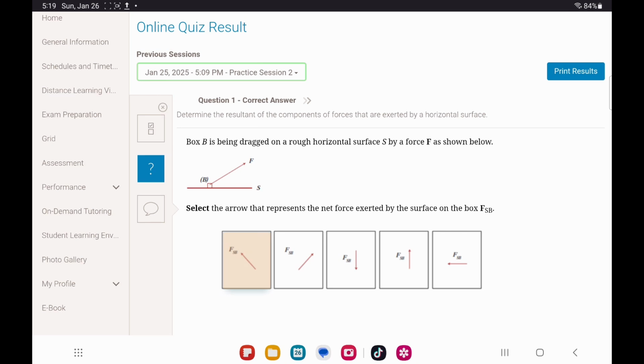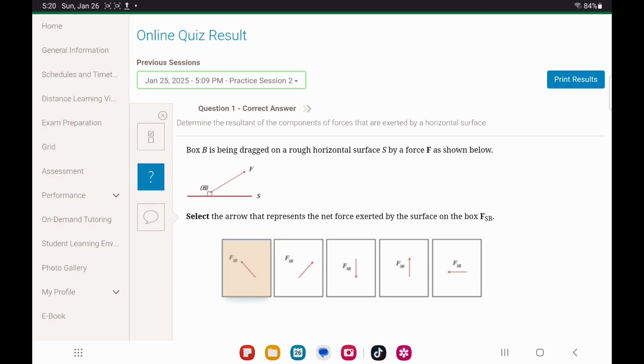Okay, on a rough horizontal surface. So we already know that F stands for friction, which is one of the forces.